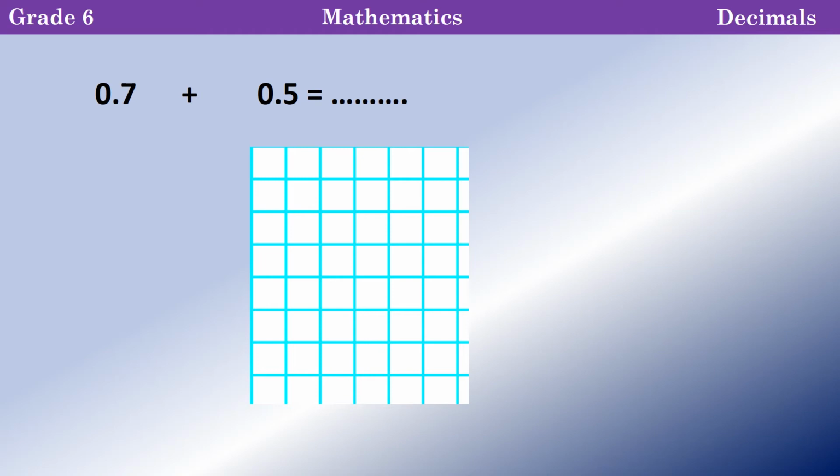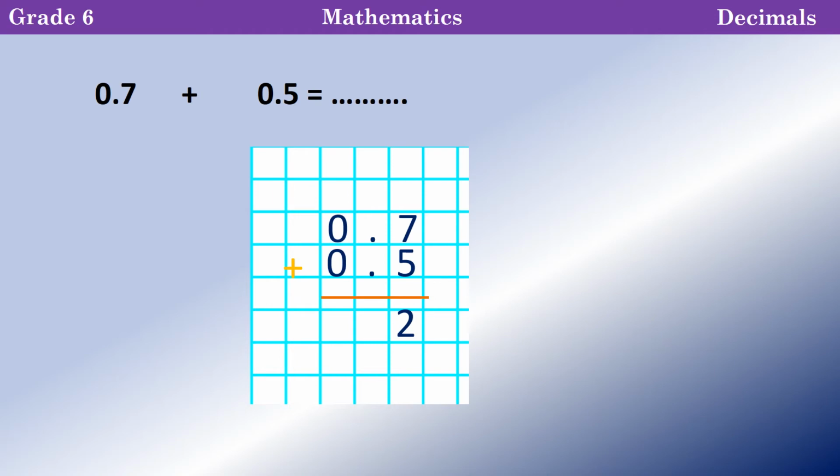Now let's learn how to add 0.7 and 0.5 by writing the values. First we write 0.7 plus 0.5. We must write the two numbers in this way. And then we have to add 7 and 5. 7 plus 5 is 12.